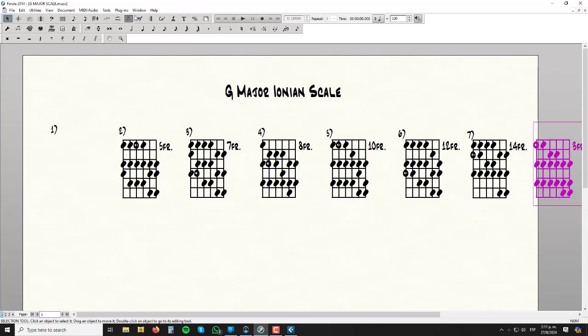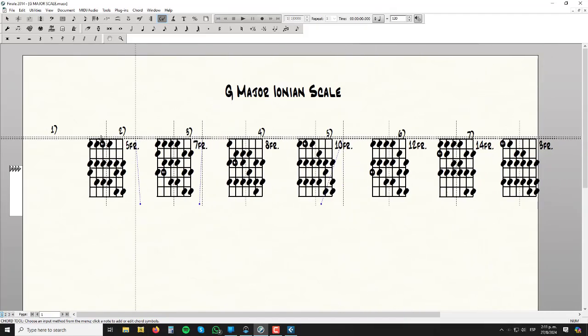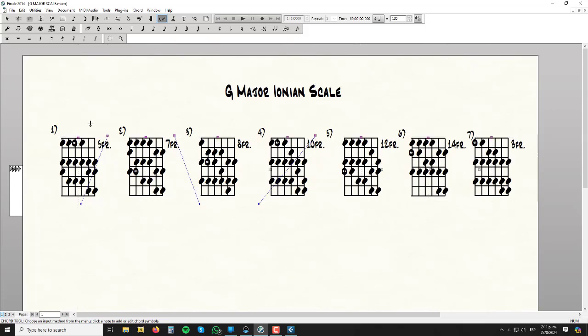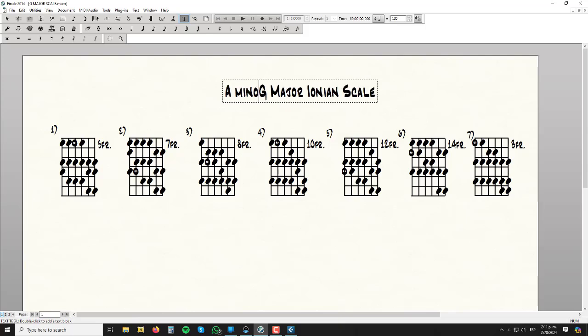This one is going to be the last one, and now move all these shapes here, and now what we have is not a G major scale, what we have is an A minor Dorian scale, and that's it. It's the same scale, but now the second one becomes the first one, and the first one becomes the second one.